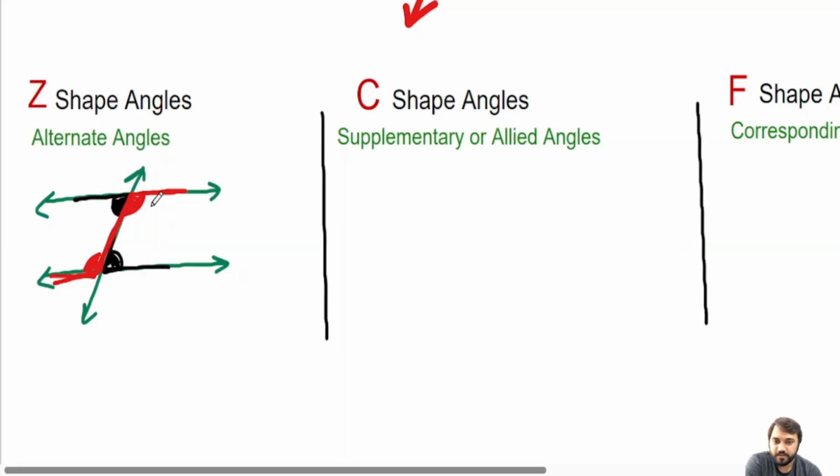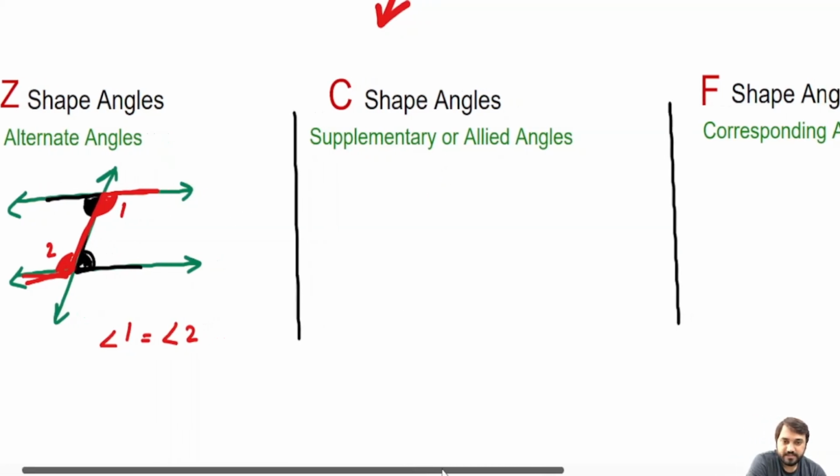If I name them, let's say this is angle 1 and this is angle 2, then angle 1 is equal to angle 2. These are called alternate angles. So Z-shape angles are called the alternate angles. They may be like this one, from left to right or right to left.